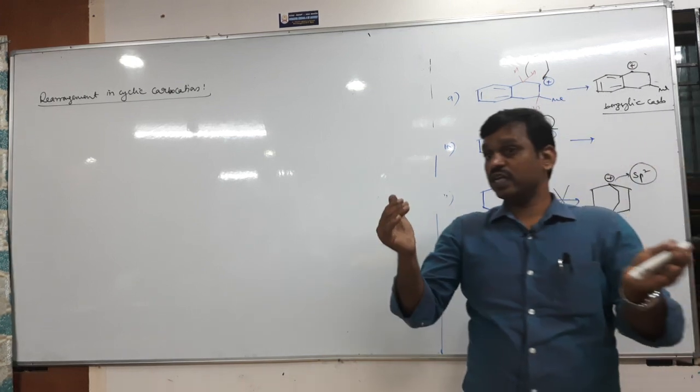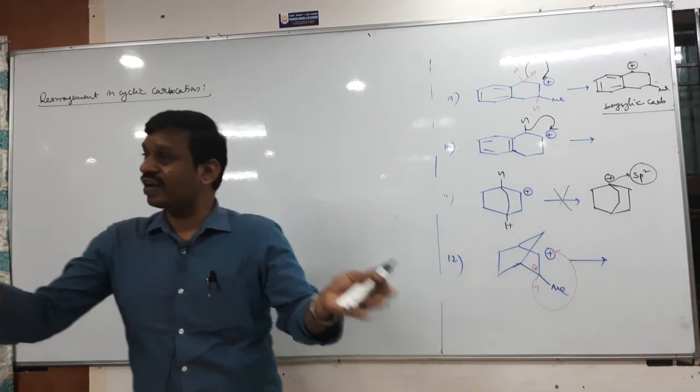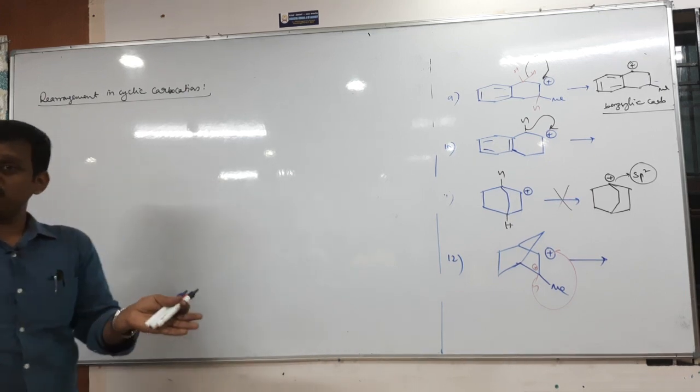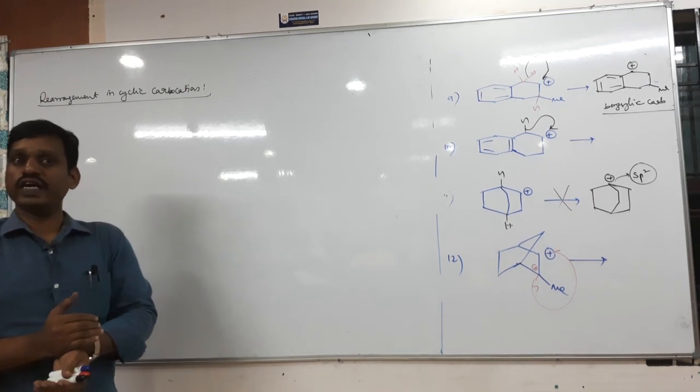And the rearrangement of carbocation takes place by contraction of the cyclic ring. Ring size will be reduced, contraction.